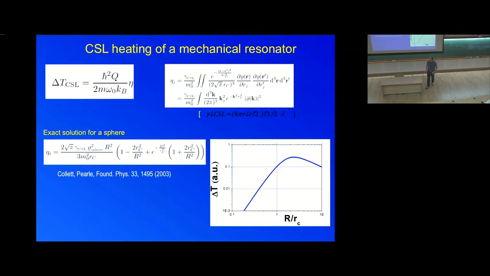So assuming that we are changing the particle, using a particle which has a different density and a different size, it's not so straightforward to see what happens, because you change the mass here, you change the radius, but you change also the frequency.